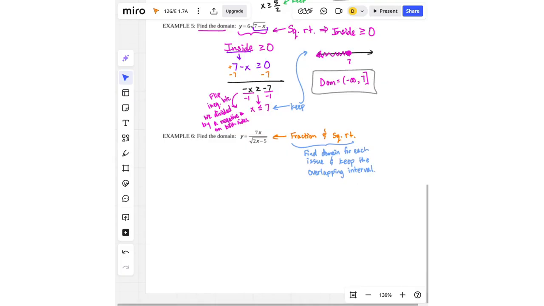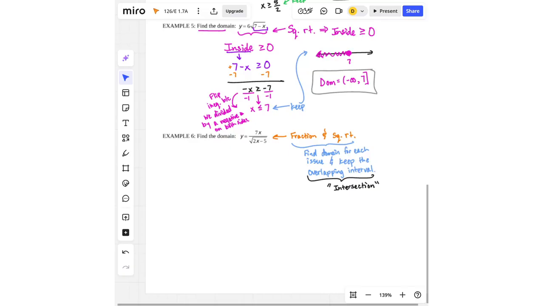Whenever you have more than one issue happening, you're going to calculate the domain for each respective issue and then keep the overlapping interval. Remember, this overlapping interval actually had a name from Section 5. This is the intersection. It's what we did when we had and inequalities.